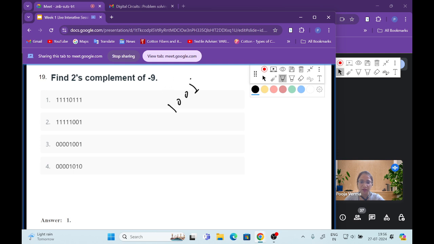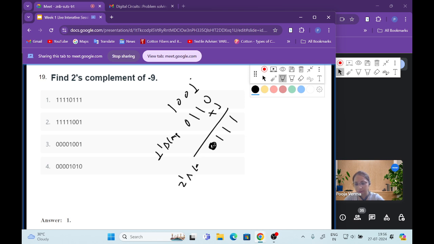So 8 plus 1 is 9. Since it asks for the 2's complement, first we convert it: 1 to 0, 0 to 1, giving 0 1 1 0. It is the 1's complement of plus 9. Now add 1, so you will get 0 1 1 1. It is the 2's complement of 9.